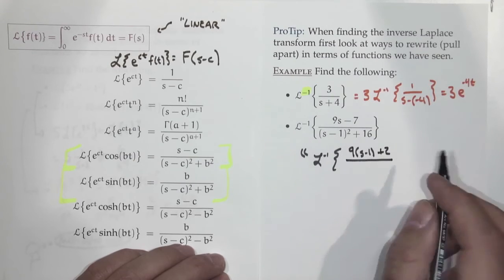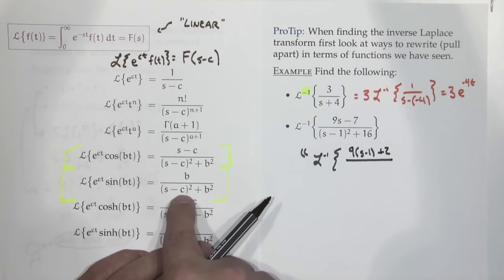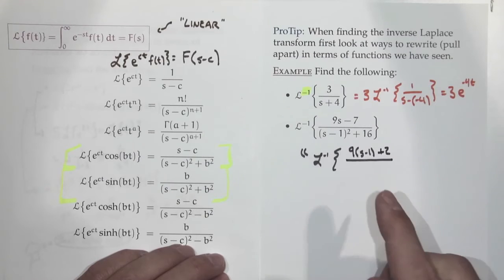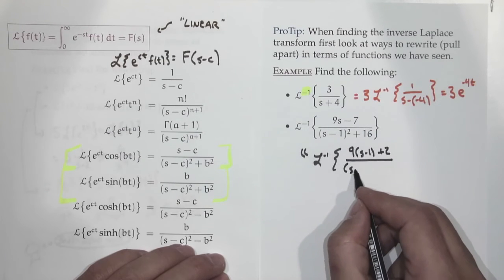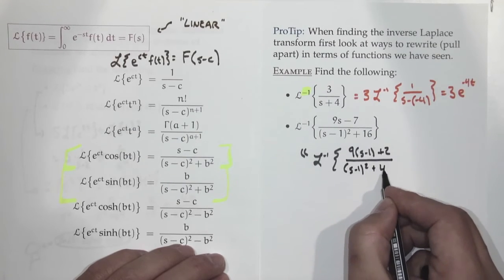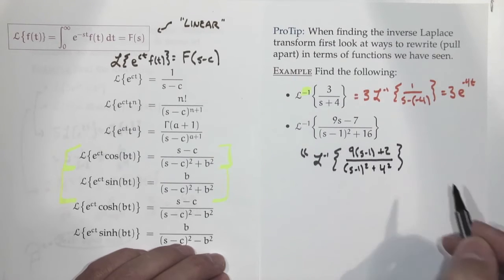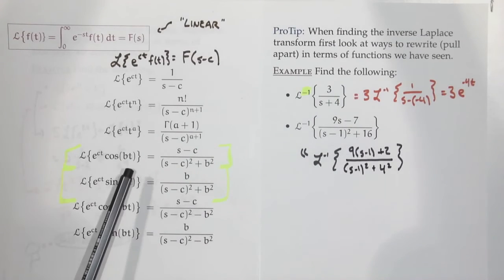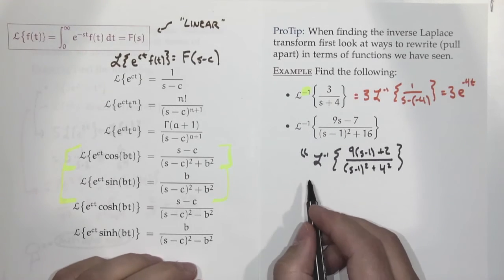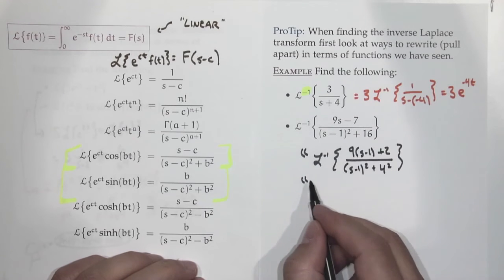I needed to have something like an s minus 1 upstairs given this s minus 1 squared downstairs. Now that's cool, but unfortunately it doesn't really fit either one of these now. So what can we do? Pull it apart. Yes, also known as algebra. That's what algebra is. It's the art of rewriting things so it's easier.